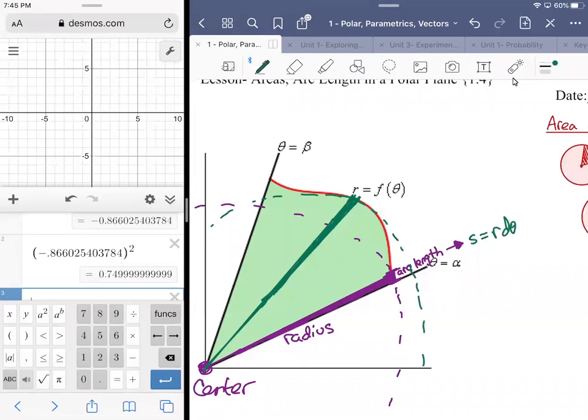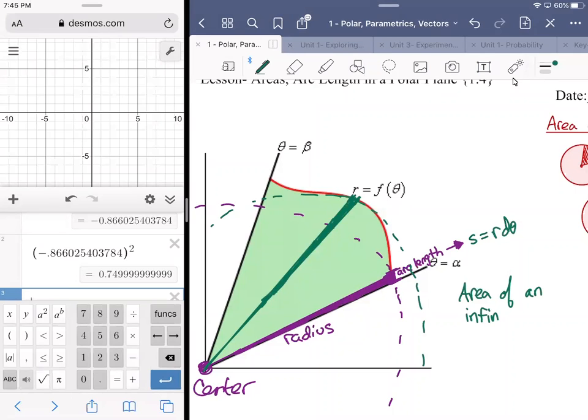So if I want the area of an infinitesimal, I'm going to break out the Googler here.